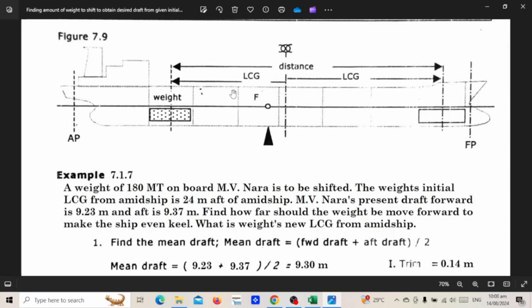If this is 24, you add another 4 meters to make it 28. So 24 plus 4 is 28. So it will be somewhere around here. So that is the distance we should shift the weight, 28 meters forward.